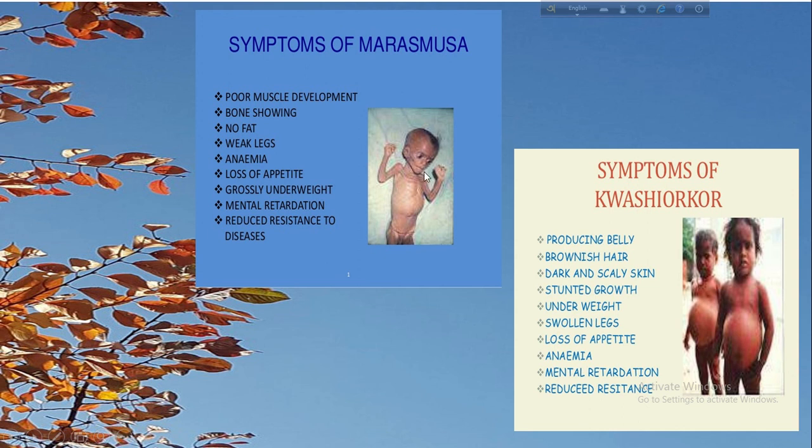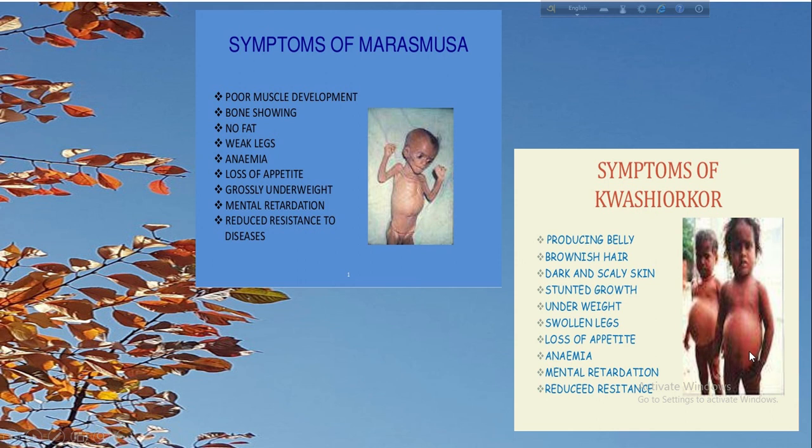And due to protein deficiency, elderly people lose their body's resistance and it causes anemia. And symptoms of kwashiorkor: swollen belly, brownish hair, dark and scaly skin, stunted growth, underweight, swollen legs, loss of appetite, anemia, mental retardation, reduced resistance.